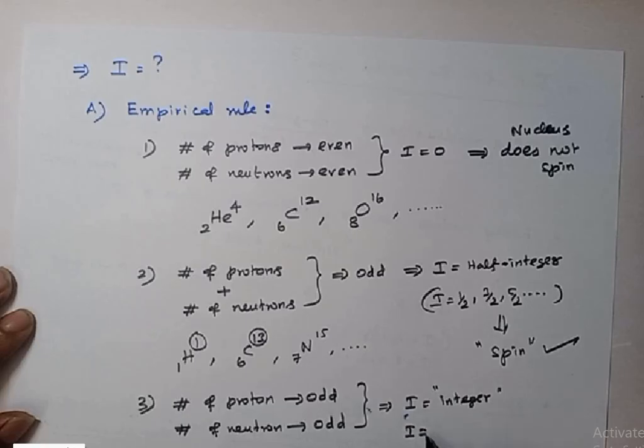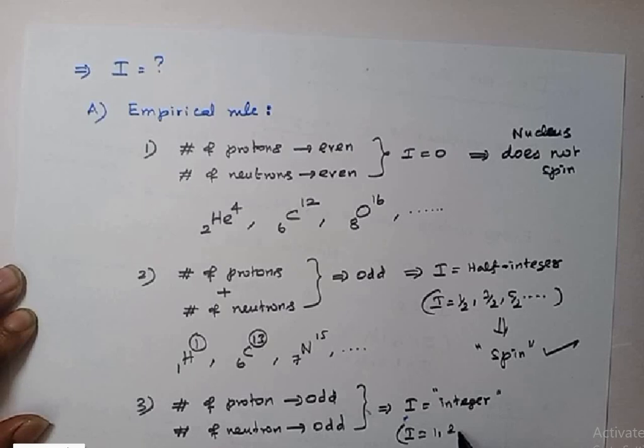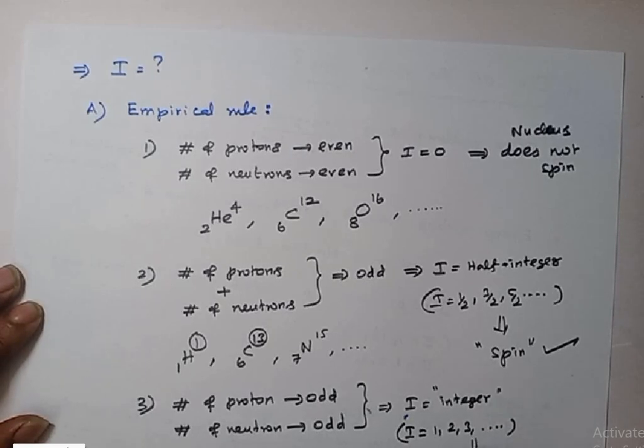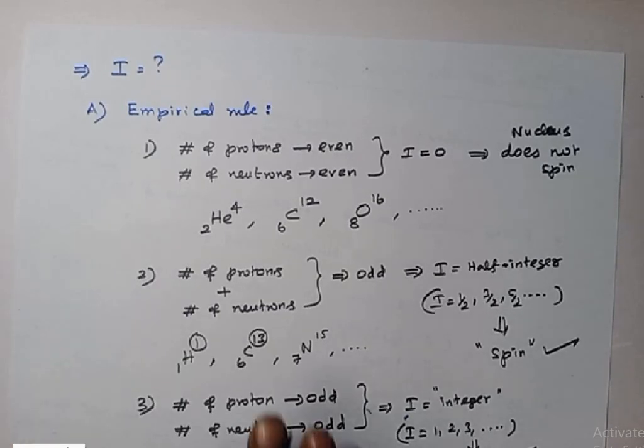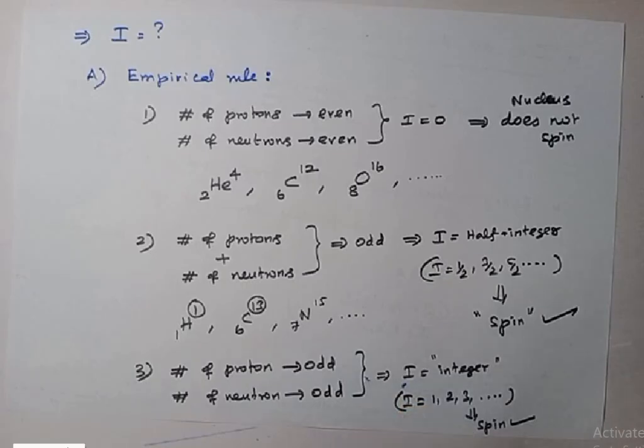Integer means I takes values like 1, 2, 3, etc. Yes, these nuclei also have the property of spin, because I is not 0.